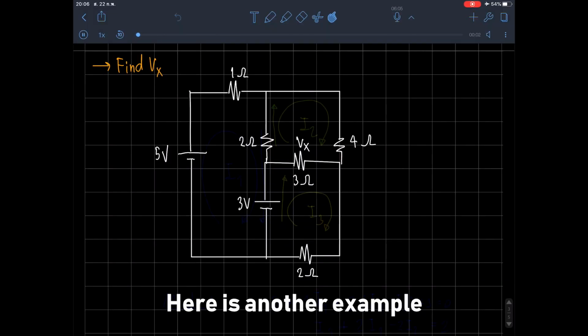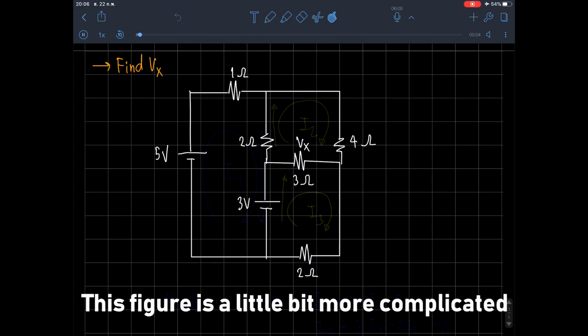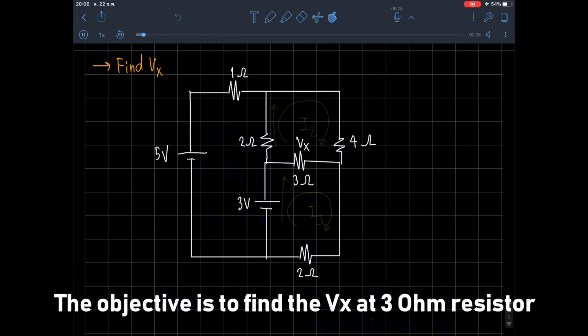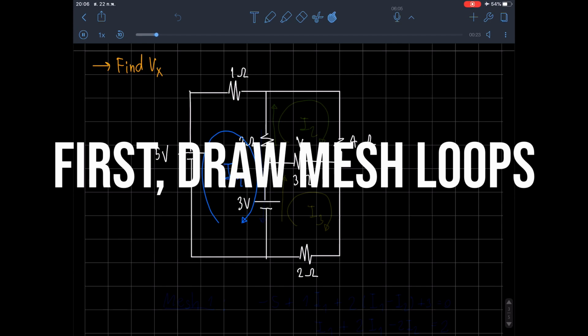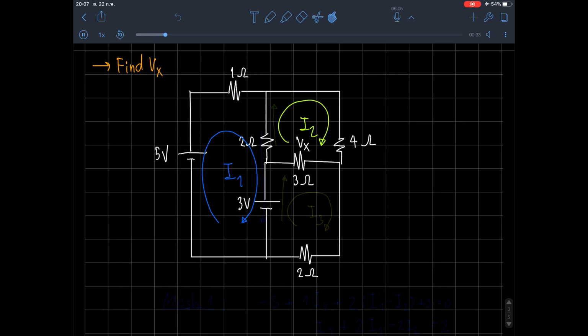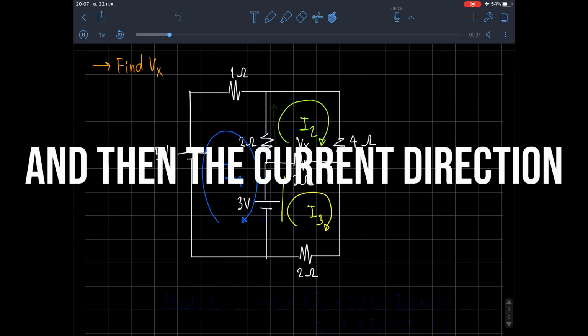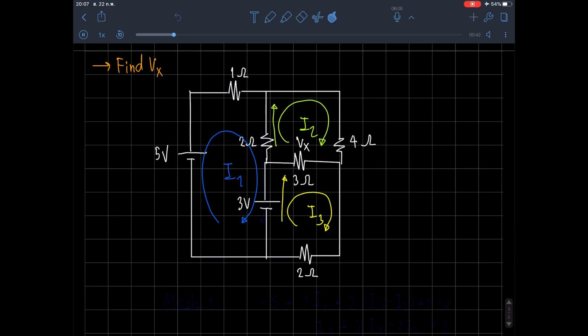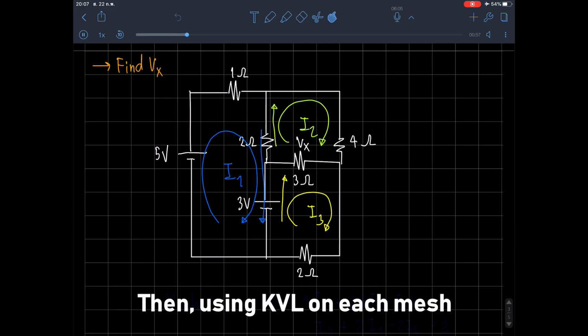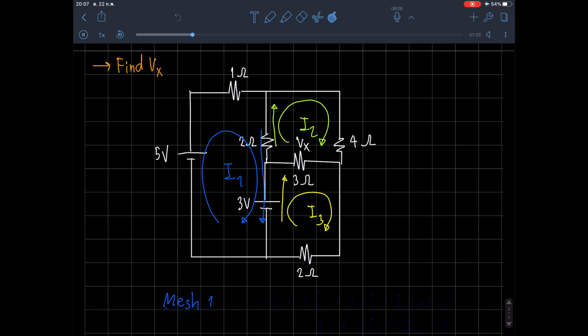Here is another example. This figure is a little bit more complicated. The objective is to find Vx at the 3 ohm resistor. Then we use KVL on each mesh.